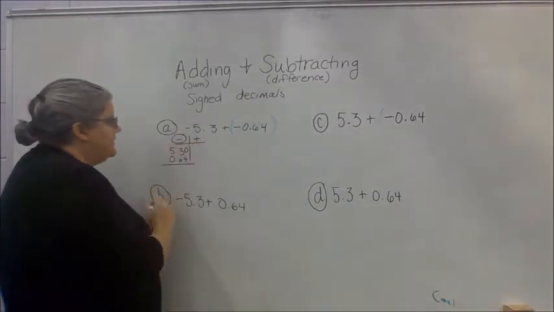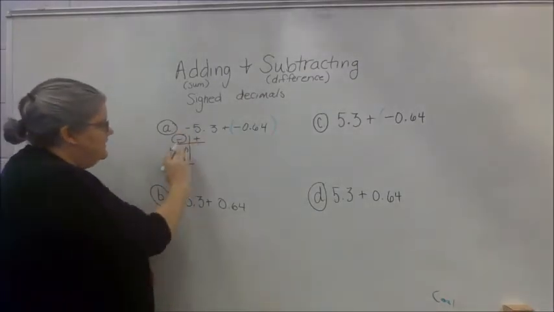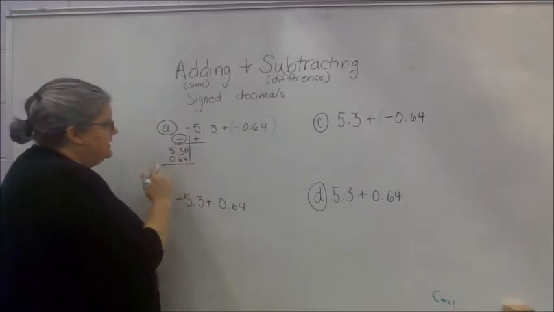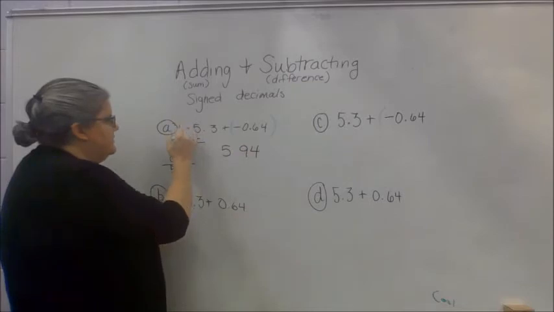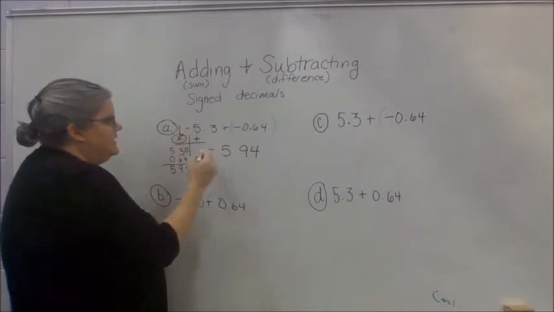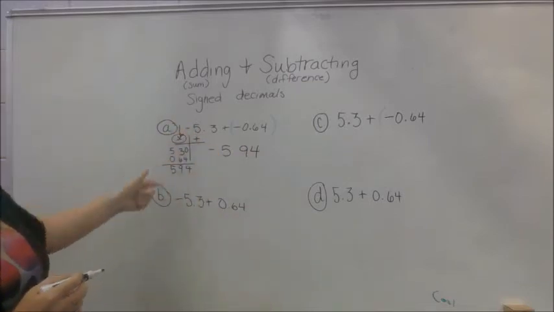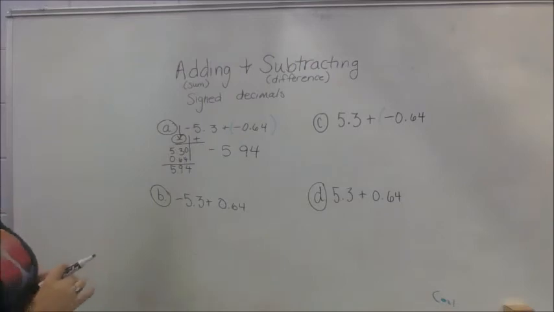Since both of these are on the negative side of my t-chart, I just get to add: 0 plus 4, 3 plus 6 is 9. So I get 5 94/100. Remember, since they're both on the negative side, I add those like normal and keep the sign the same.